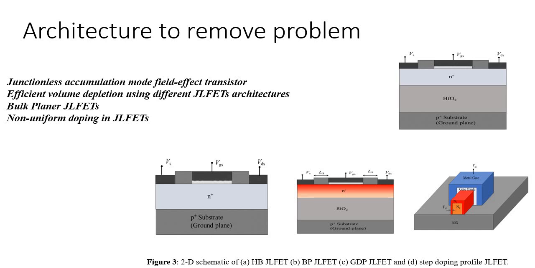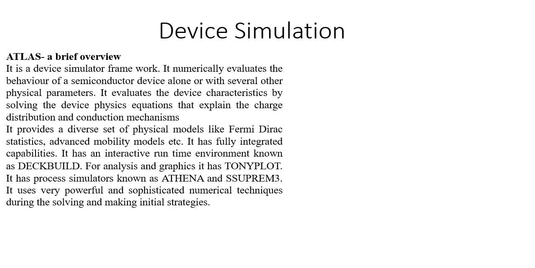We are not going to elaborate on this, but these are the different structures that will remove the problems of junctionless FETs. Apart from this, we will now discuss how we can easily simulate any structure in Atlas.